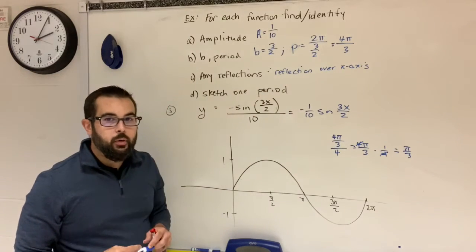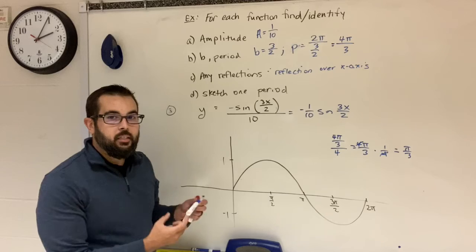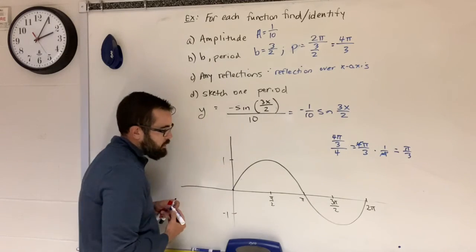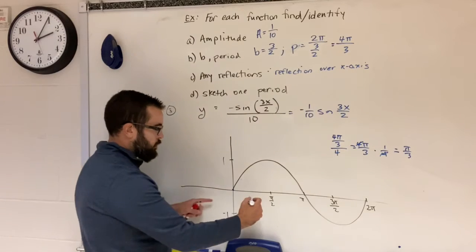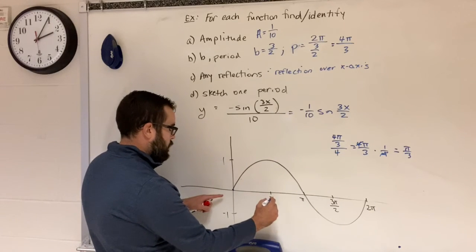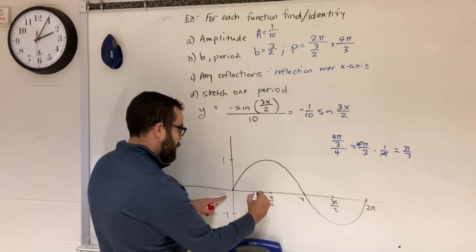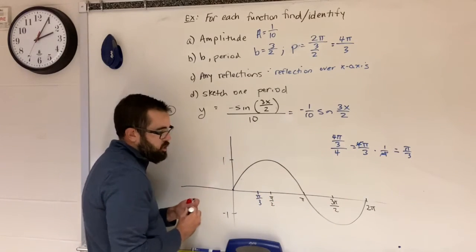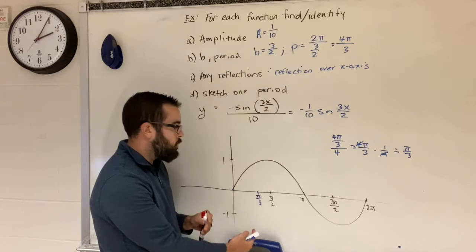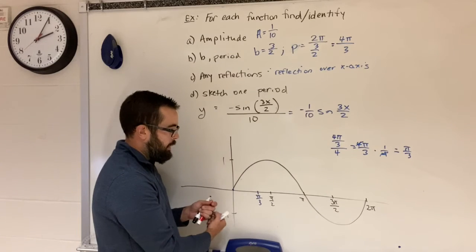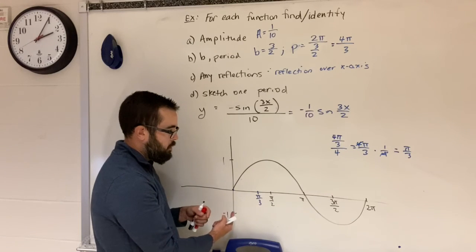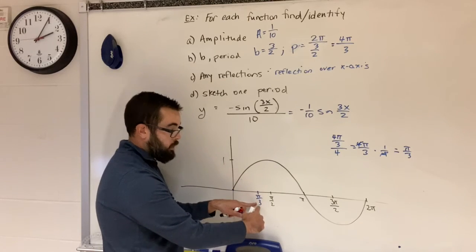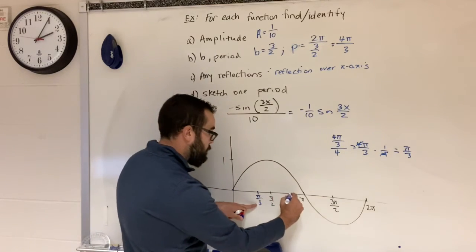So pi over 3 is the distance between each critical value. So this graph is still going to start at 0. The first critical value is going to be at pi over 3, which I'm just trying to approximately get correct. I know 1/3 is less than 1/2. Now the next one is going to be another pi over 3 from pi over 3, so that's 2 pi over 3.